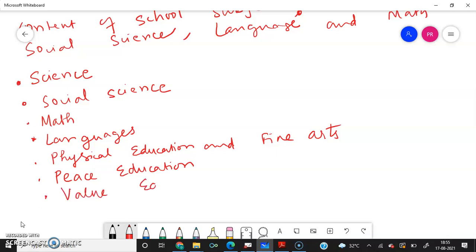In the value education, different values, human values can be taught. Certain values are said to be permanent: truth, beauty, and goodness. Right? Some values, or even our Indian Constitution has some values, that also can be taught.